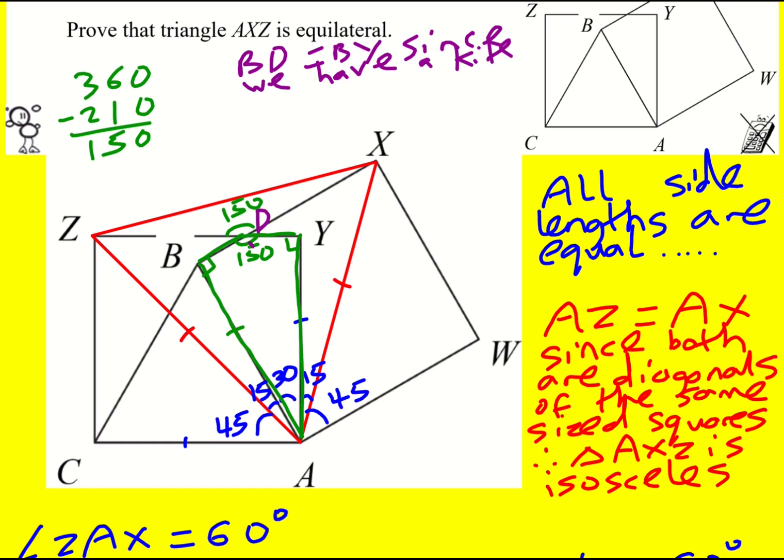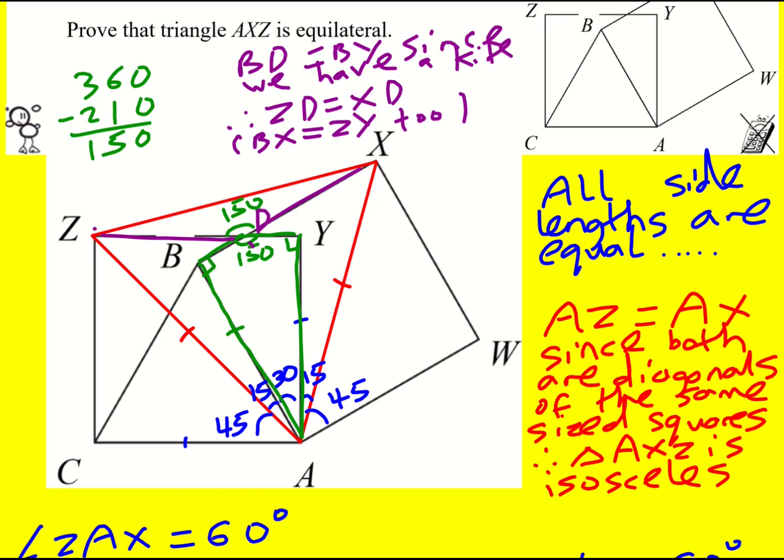But the result is therefore that ZD is going to equal XD. Okay, because these two are the same, and because BX is equal to ZY, then these two are the same.